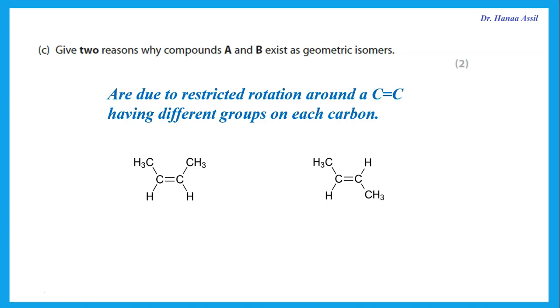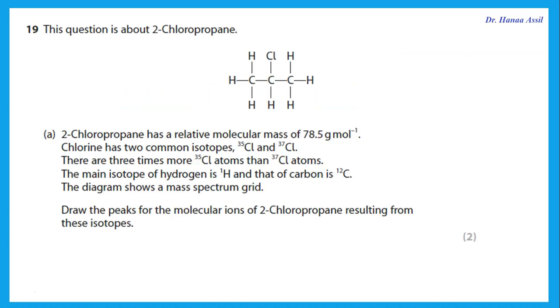The existence of cis and trans is due to restricted rotation around the double bond. So in order to have cis and trans, there must be a double bond. The presence of the double bond does not allow the molecules to rotate around each other, and each carbon must be bonded to different groups in order to have cis and trans.